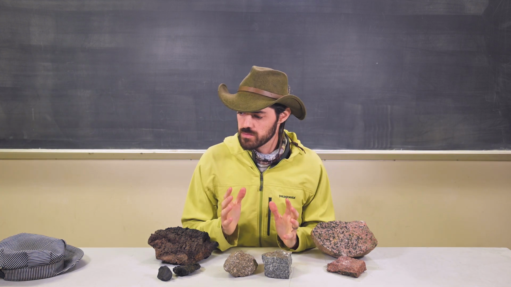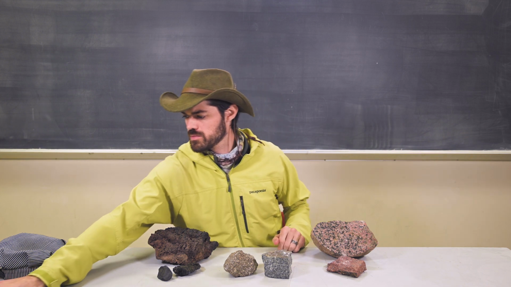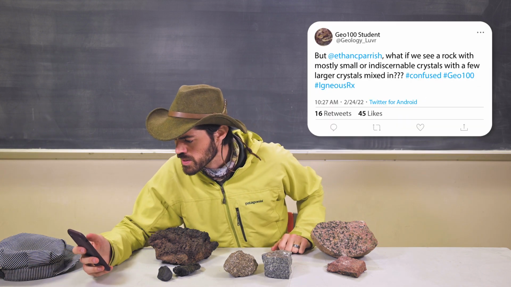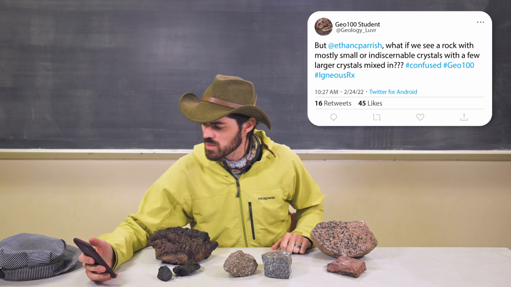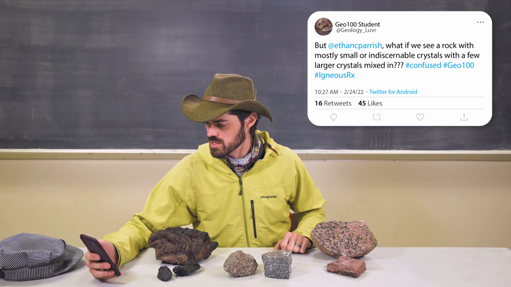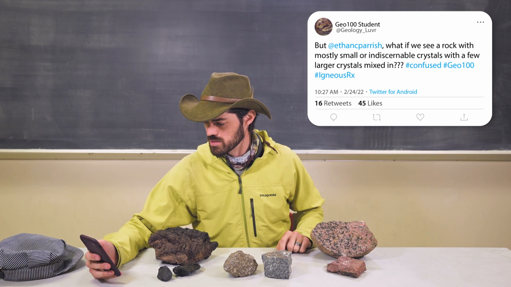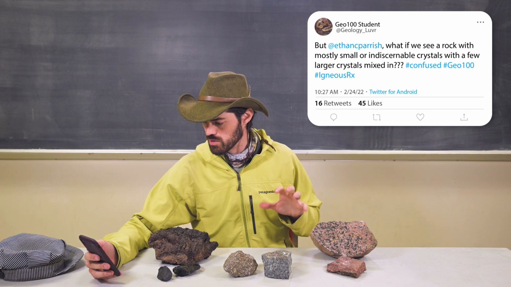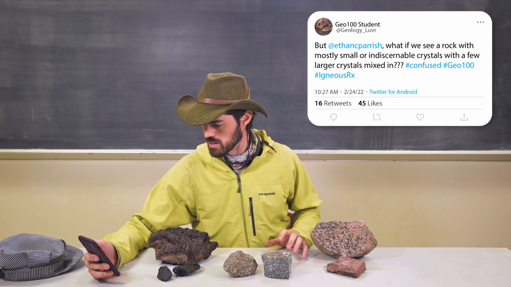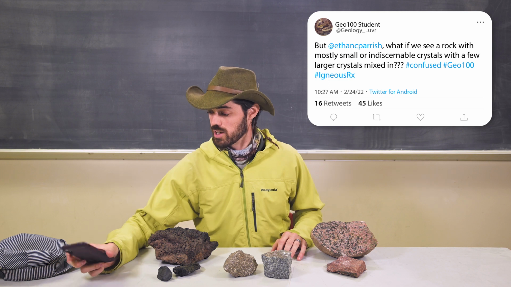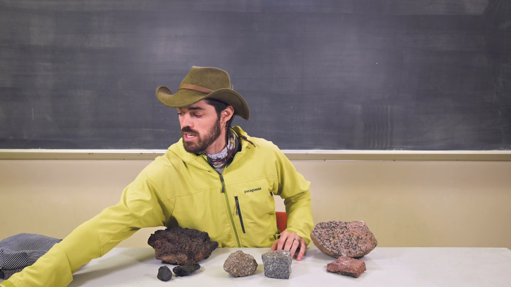All right, so that brings us to composition. But Ethan, what if we see a rock with mostly small or indiscernible crystals with a few larger crystals mixed in? That's a great question.